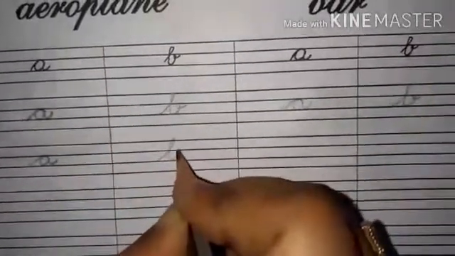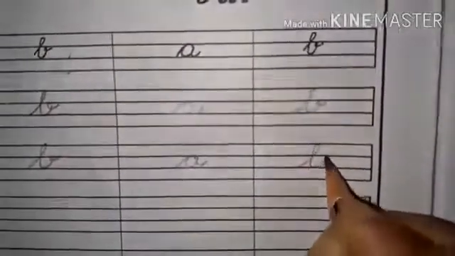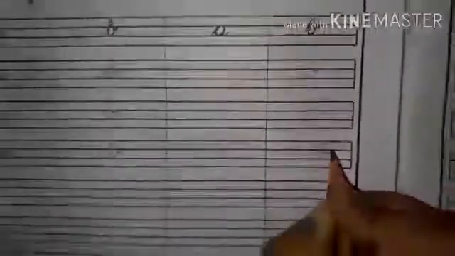Small cursive A, small cursive B, small cursive A, small cursive B. Written. Good. All of you written? Very good.